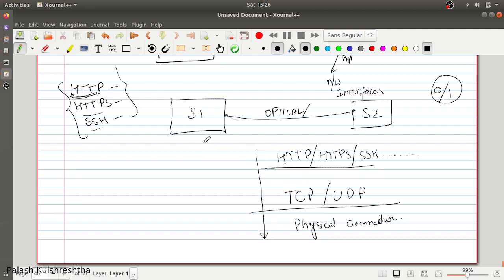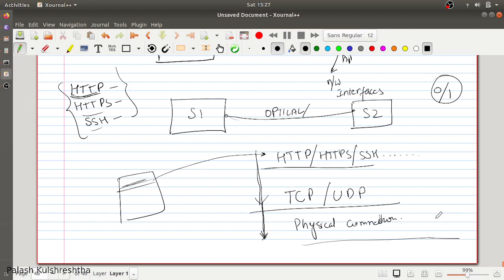For example, when you are opening your browser and sending the request, it is basically HTTP. Then this request, or this piece of data, is transformed into a TCP connection, and then TCP packets are sent. Those packets are translated over a physical connection between these two devices.